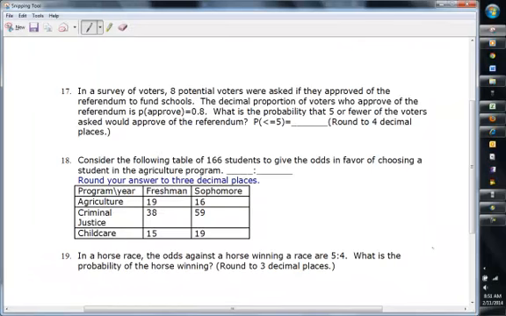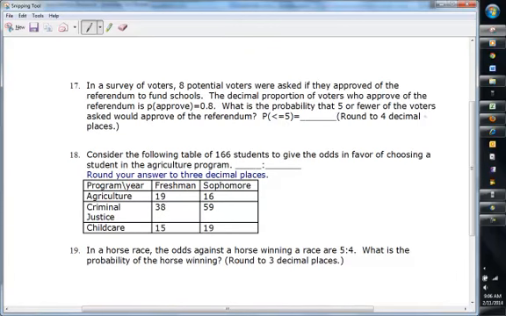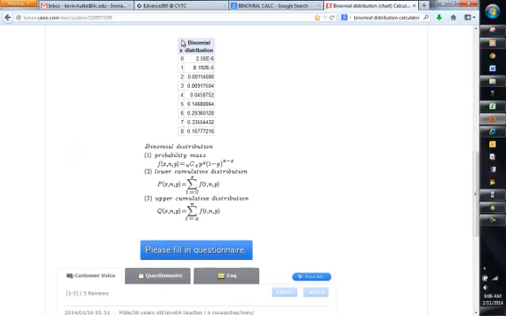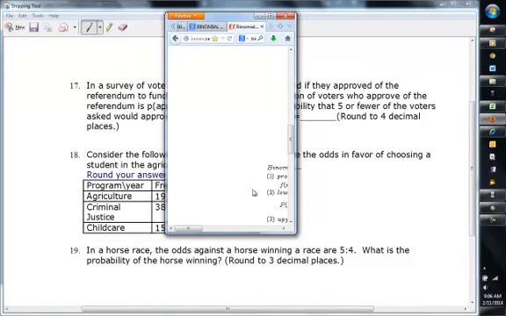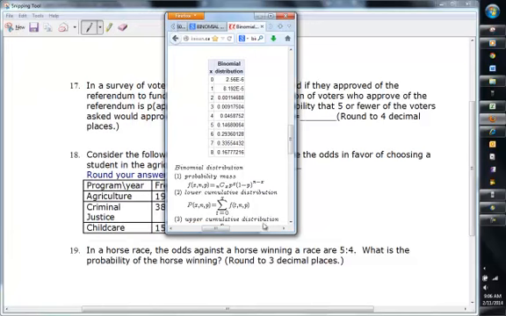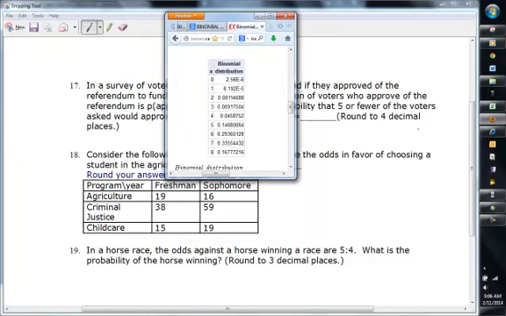In a survey of voters, 8 potential voters were asked if they approved of a referendum to fund 8. What's the probability that 5 or fewer voters will approve of the referendum? So on your test, I'm going to give you this chart that you see here. In order to solve this problem, let's make this chart small enough so that we can show the chart and the test question both.